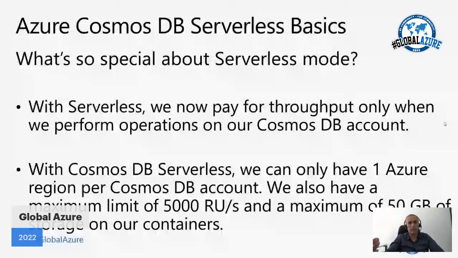That means what kind of API you will use: Core SQL API, Table API, Graph API, whatever. Second is related to your throughput, whether throughput will be provisioned or serverless.